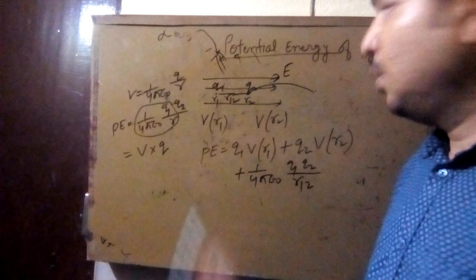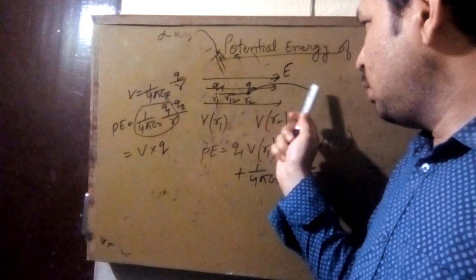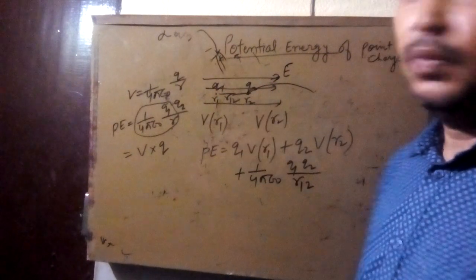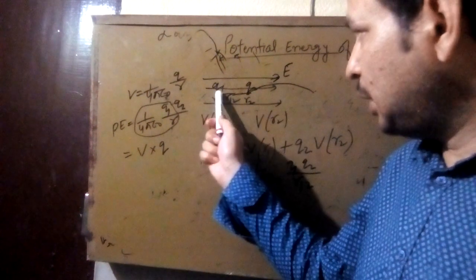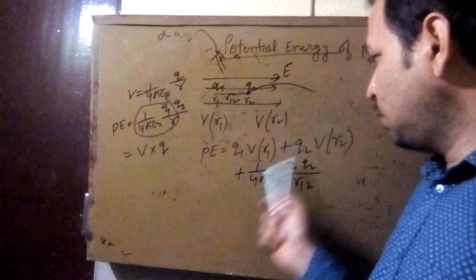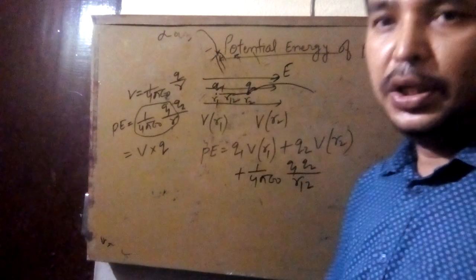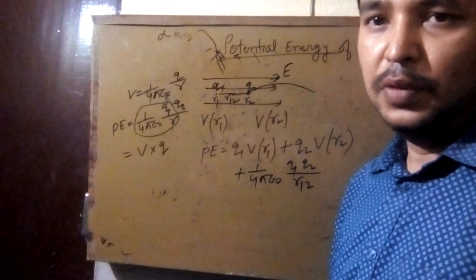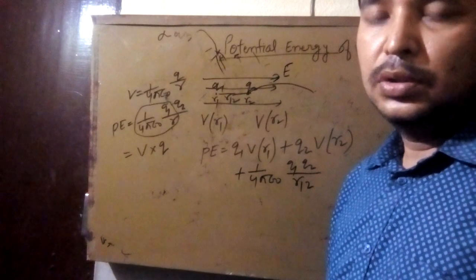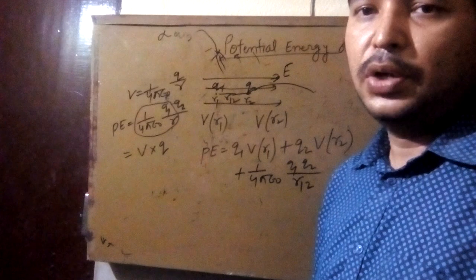At the same time you are doing work to bring charge Q2 from infinity to this point against the electric field of Q1. So what is the total work done? This. So this is the total potential energy stored in the external electric field. So this is all about the potential energy of point charges.